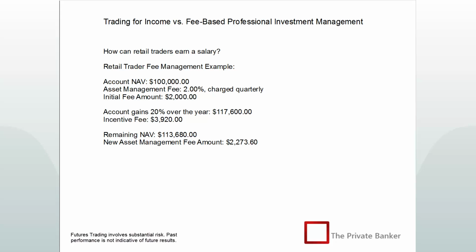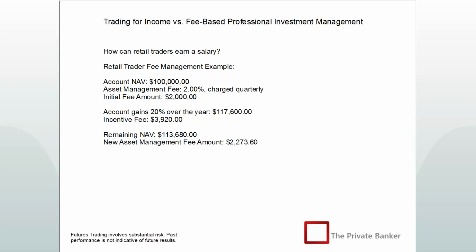Let's also say that the account grows by 20% for that year. So net of our asset management fee and plus our 20% gain, our NAV is now at $117,600, and our incentive fee comes to $3,920. So again, not big bucks or anything like that, but it's money to either be taken out or, if you'd like, just to reinvest however you see fit.